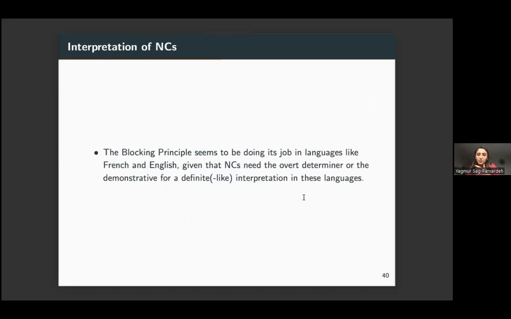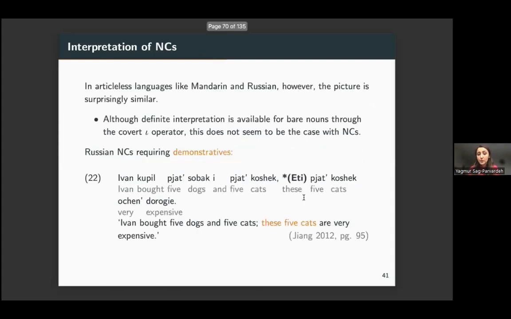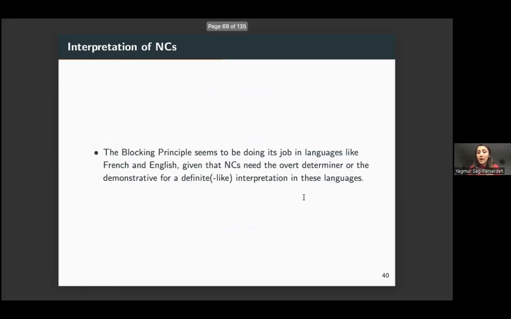So when we look at numeral constructions again, we see that the blocking principle seems to be doing its job in those languages, because numeral constructions really require the overt determiner, the definite article, or demonstrative to be able to convey a definite reading. They don't allow iota type shifting on top of numeral constructions.